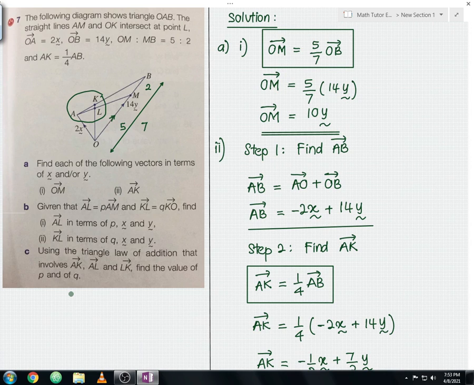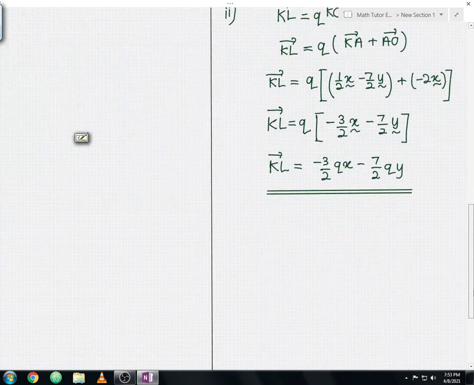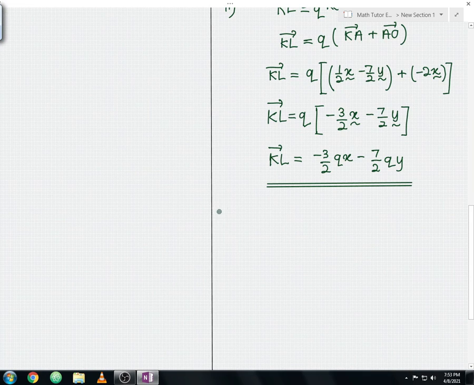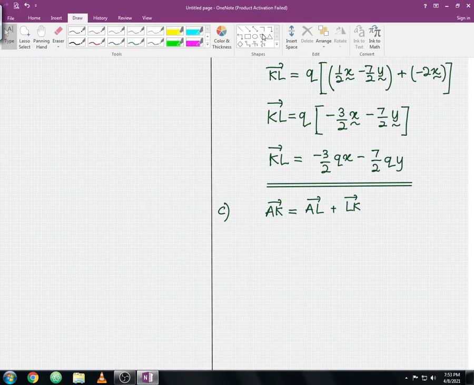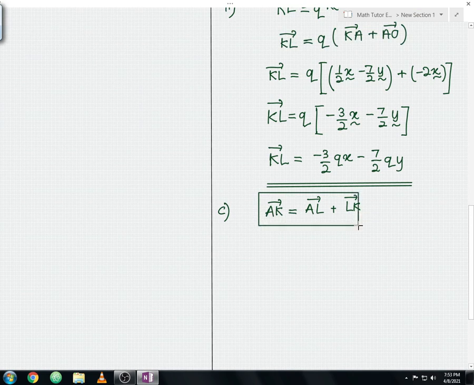Let us write down the working over here. Vector AK is equal to vector AL plus vector LK. Let me box this relation. So let us continue.